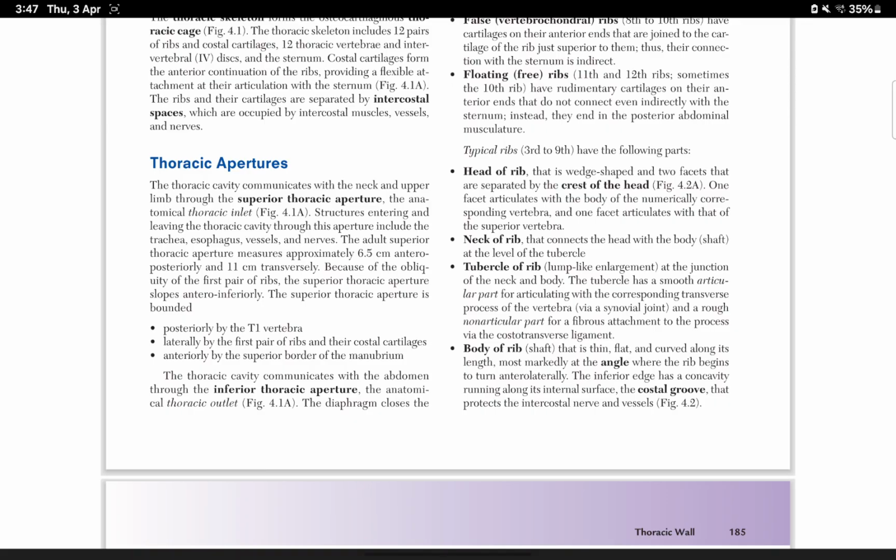Because of the obliquity of the first pair of ribs, the superior thoracic aperture slopes anteroinferiorly. It is bounded posteriorly by the T1 vertebra, laterally by the first pair of ribs and their costal cartilages, and anteriorly by the superior border of the manubrium.